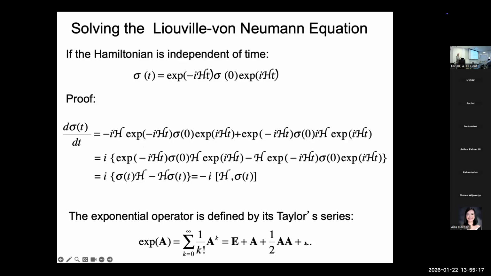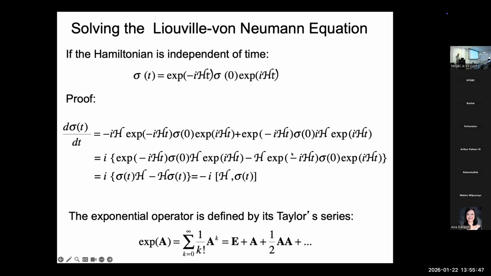And again, in general, I have to pay attention to commutation of matrices. Operators are matrices. Matrices don't always commute, but a matrix commutes with itself. So if this is the answer, I can take the derivative of both sides using the chain rule, being careful not to commute anything.